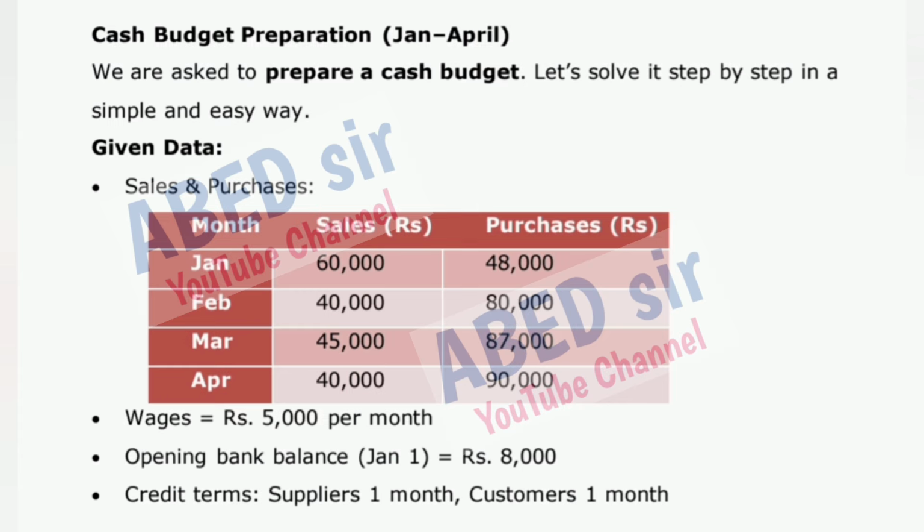Feb 40,000, 80,000. Mar 45,000, 87,000. April 40,000, 90,000. Wages is equal to 5,000 rupees per month. Opening bank balance on 1st January is equal to 8,000 rupees. Credit terms: suppliers 1 month, customers 1 month.